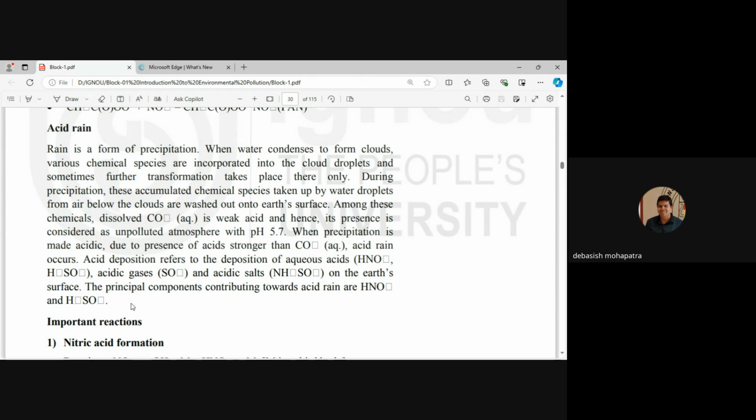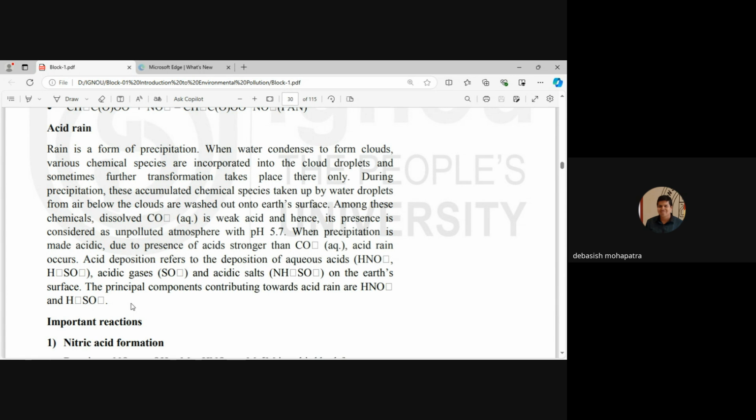So acid deposition refers to the deposition of aqueous acids HNO3, so nitric acid, H2SO4, and the acidic gas sulfur dioxide and acidic salt ammonium sulfate on the Earth's surface. The principal components contributing to acid rain are ammonium nitrate, sulfuric acid H2SO4, and nitric acid HNO3.